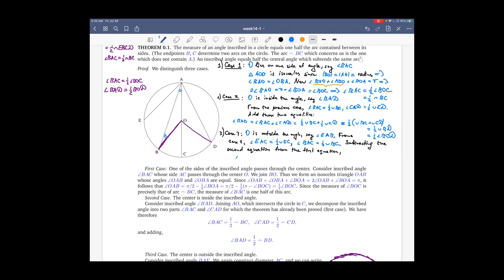We get angle EAC minus angle BAC. That is the difference of the left-hand sides. On the one hand, angle EAC minus angle BAC is precisely the angle EAB.